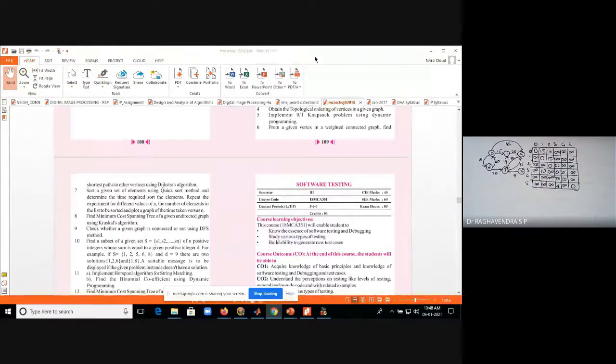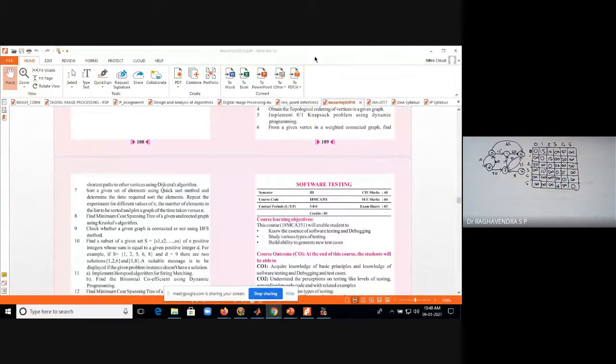That is the binomial coefficient. Then we have Floyd's algorithm. Then we have the knapsack problem. Then we have Prim's algorithm. So first I will take Warshall's algorithm, the first one I am going to take now.